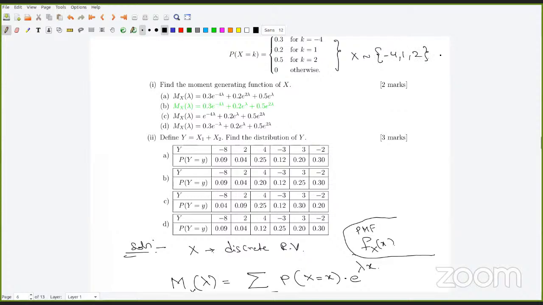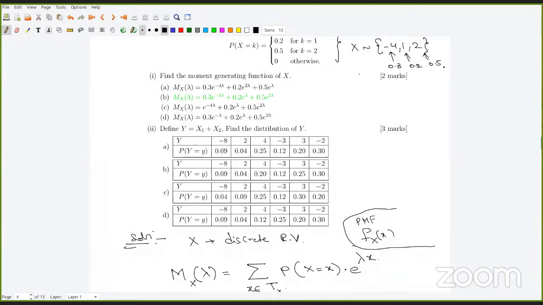So the range of X is -4, 1 and 2, with probabilities 0.3 for -4, 0.2 for 1, 0.5 for 2. This is the distribution of X, so now you just have to plug in the values.